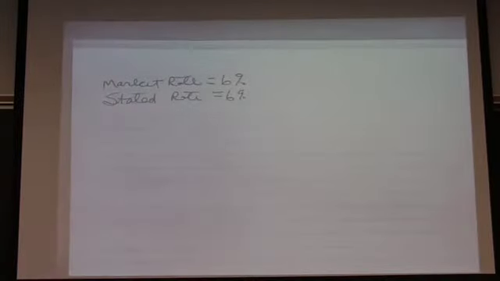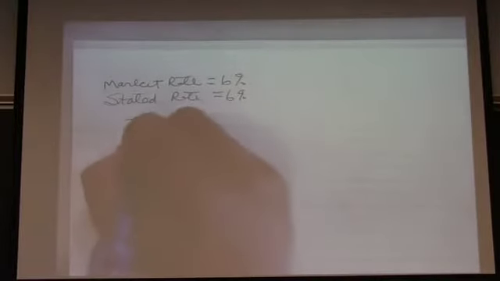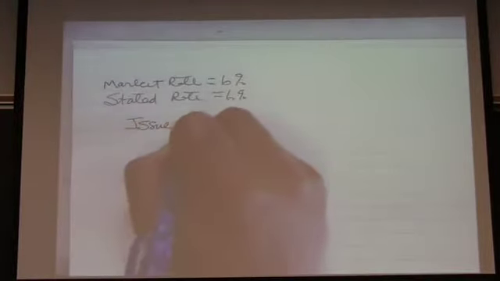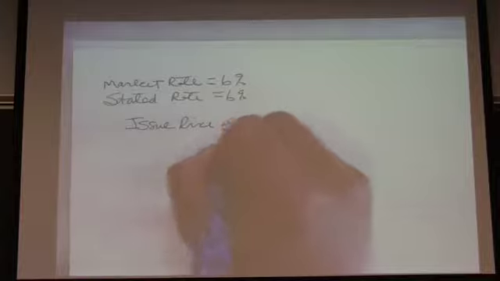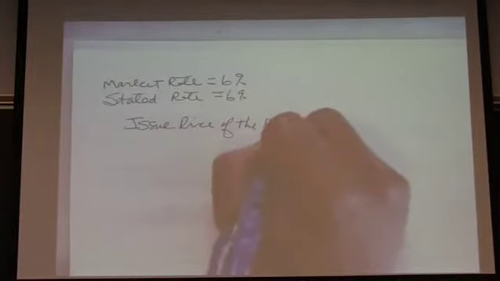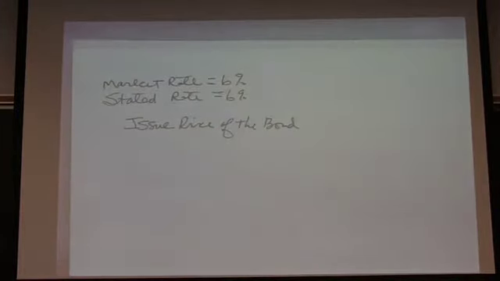So the way we calculate the proceeds, the issue price of the bond, there are the following 3 steps. And this is true for all bond issuance.